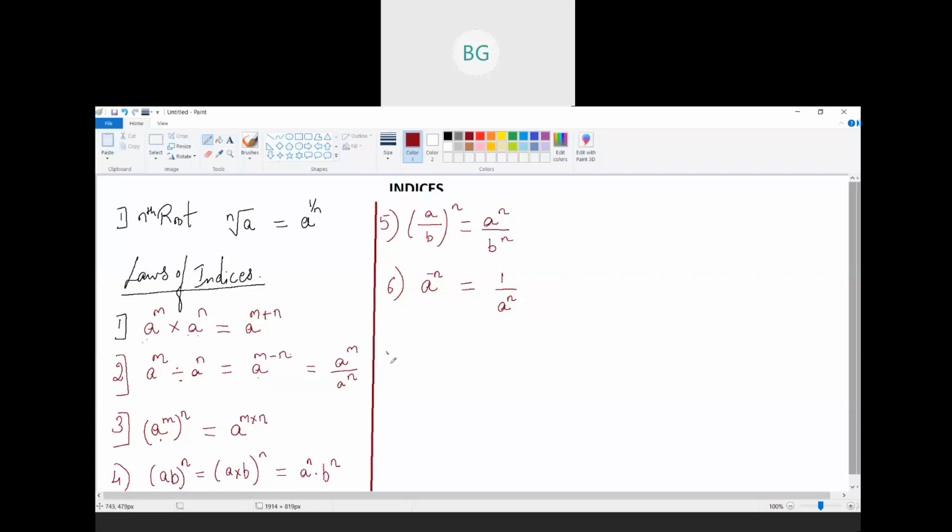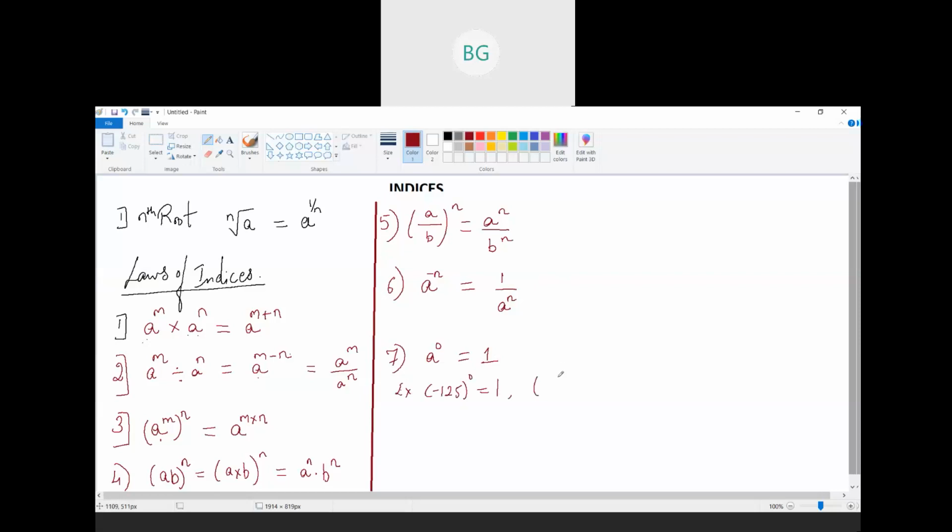Then we have one general standard value: if the power is 0, that is, a to the power 0, irrespective of the base, the value will always be 1. For example, minus 125 raised to 0 is equal to 1.